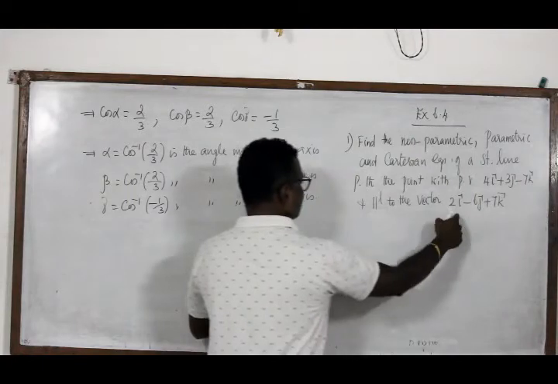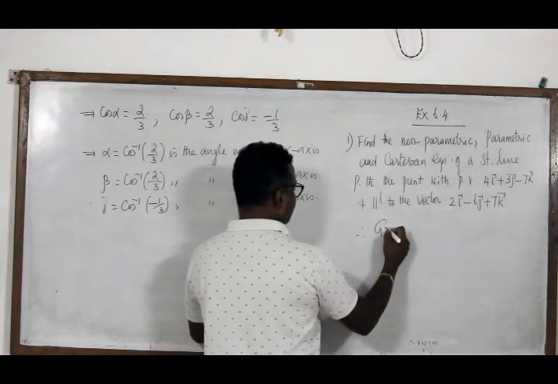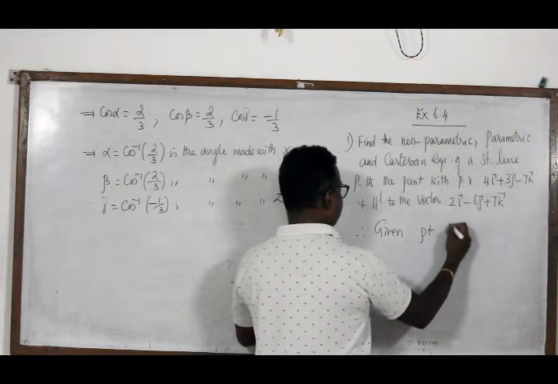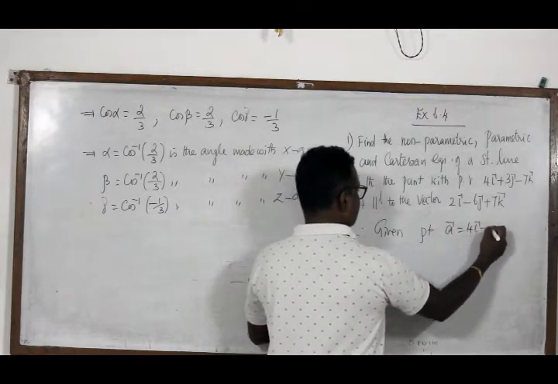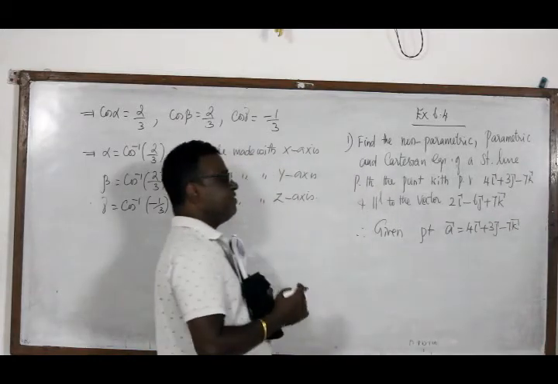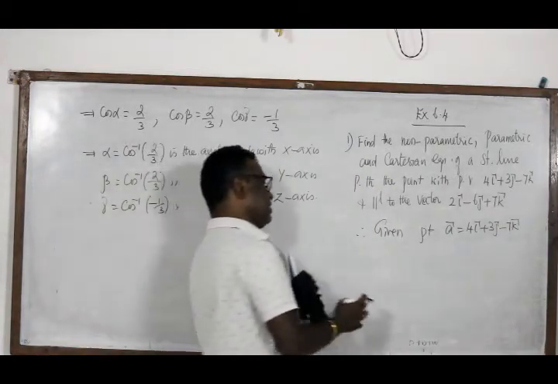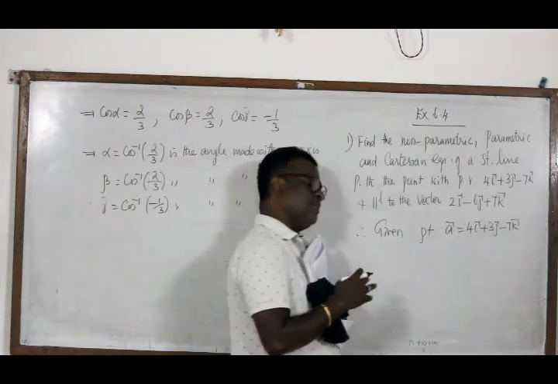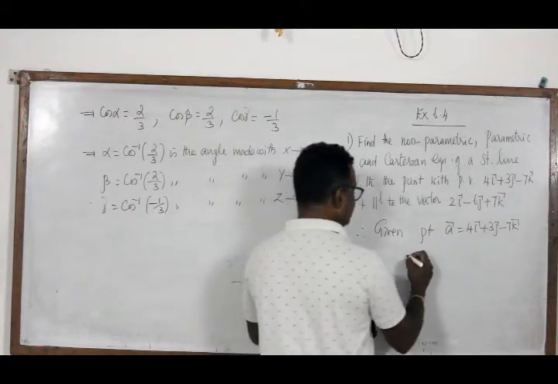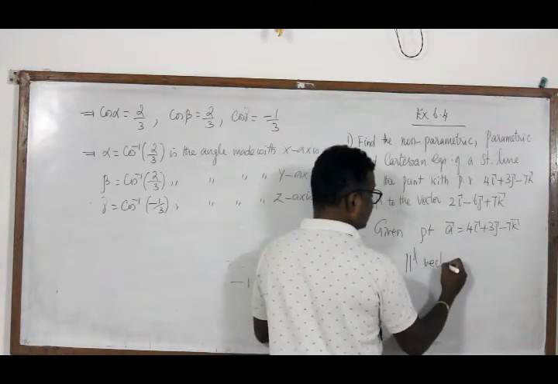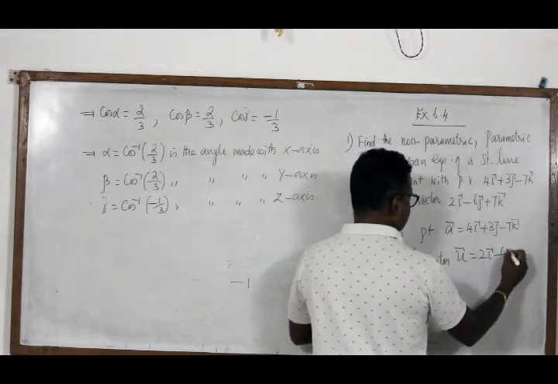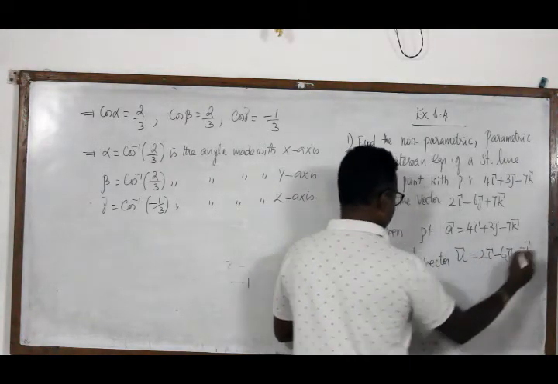So one point and one vector are given. The given point we take as A vector, which is 4i plus 3j minus 7k. We must identify the point and the vector separately, and we decided that we give the points as A, B, C and the vectors as U, V, W. So the parallel vector U equals 2i minus 6j plus 7k.